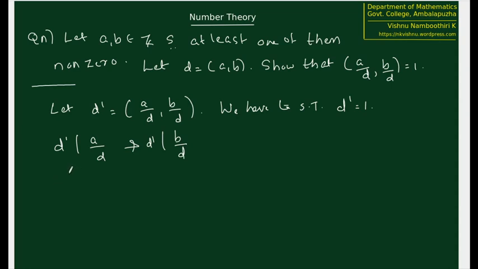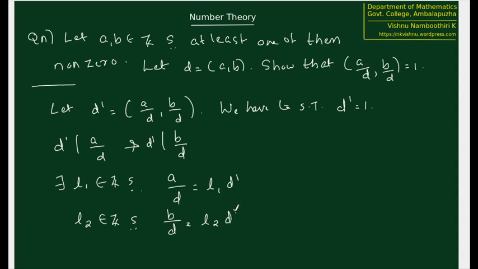Now d dash divides a by d. Symbolically we can write it like this. There exists L1, an integer, such that a by d, since d dash divides a by d, is a multiple of d dash: L1 d dash. There exists L2, an integer, such that b by d equals L2 into d dash.